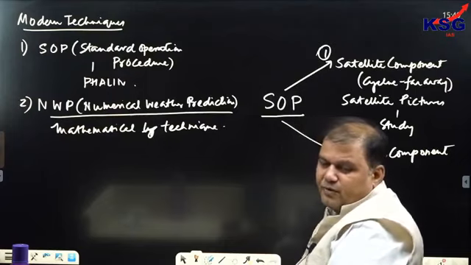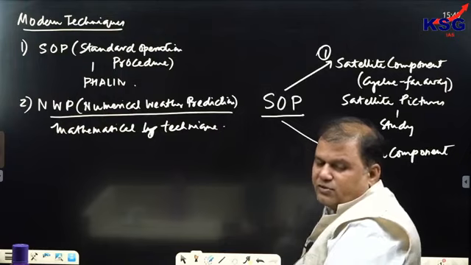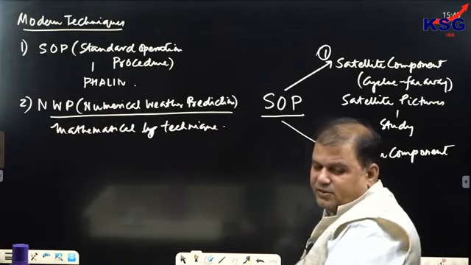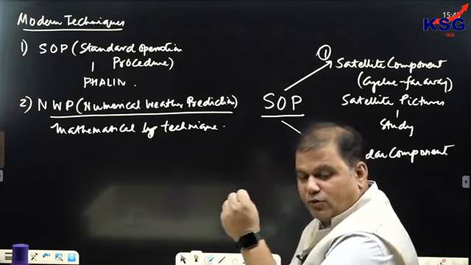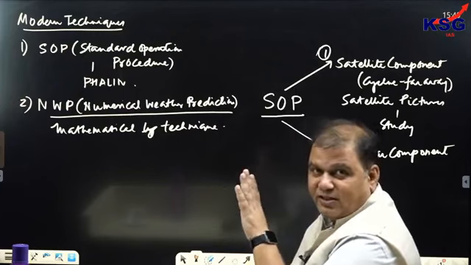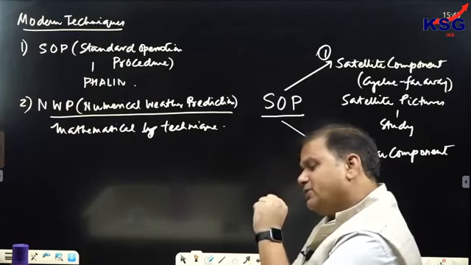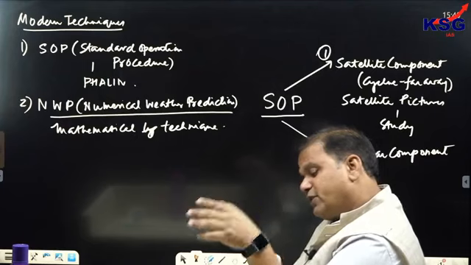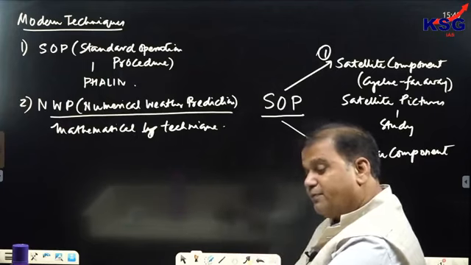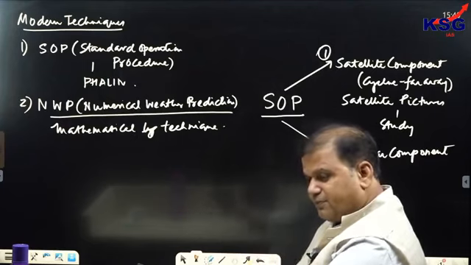See, the formation of cyclones in the coastal areas of the Arabian Sea is less because drainage of fresh water takes place more in the Bay of Bengal. Clear? Because in India the rivers are east flowing rivers. So drainage of fresh water takes place more in the Bay of Bengal when compared to the Arabian Sea.